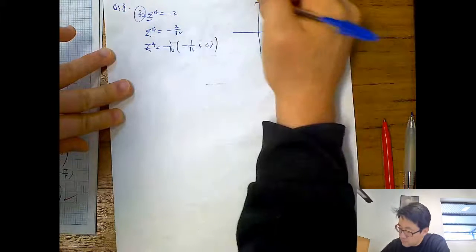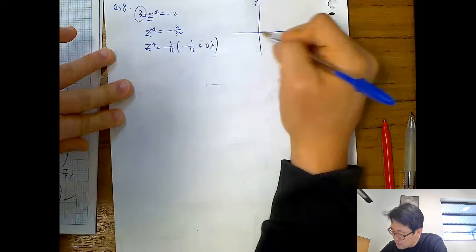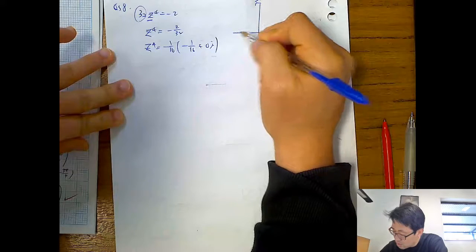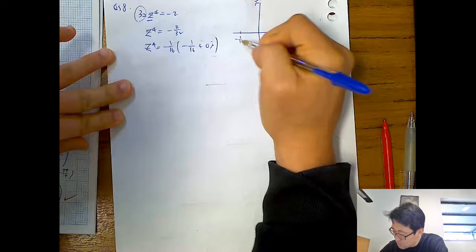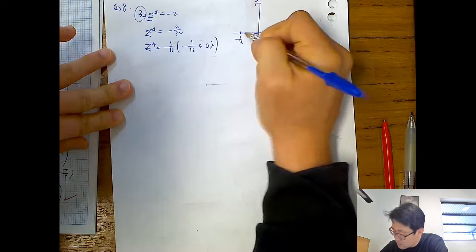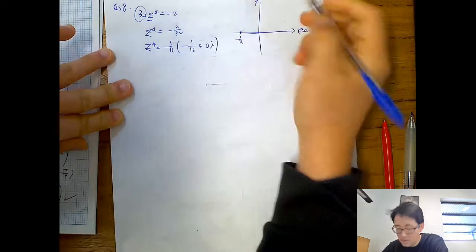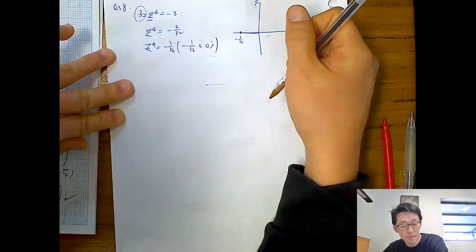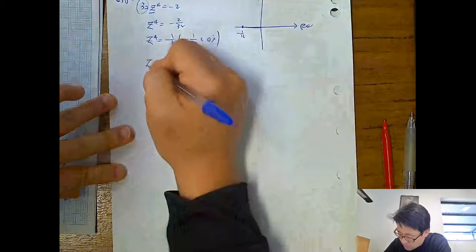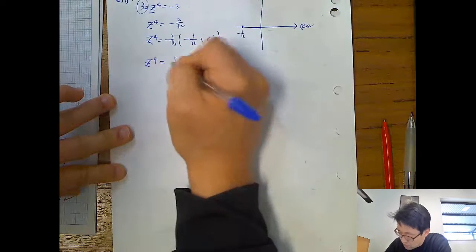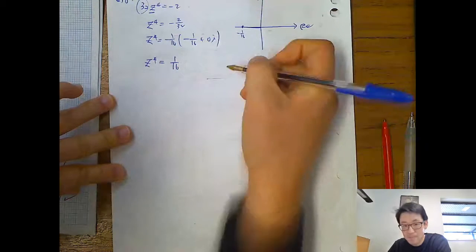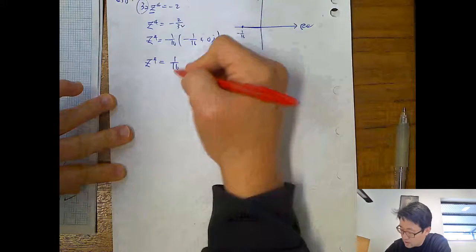Real, imaginary, goes to minus 1 over 16. You happy with that? Yeah. So 1 over 16, because y is not minus.